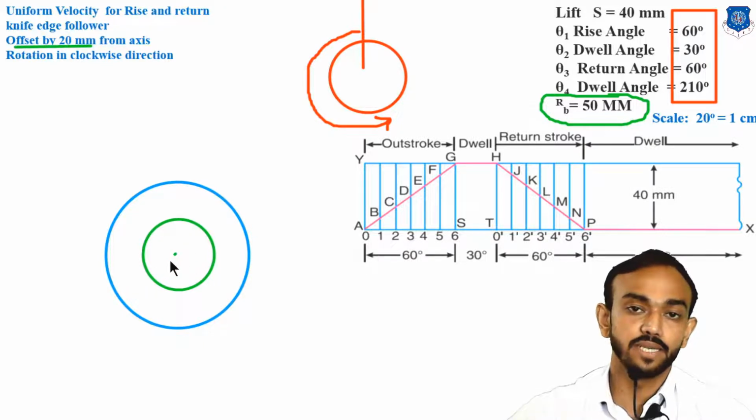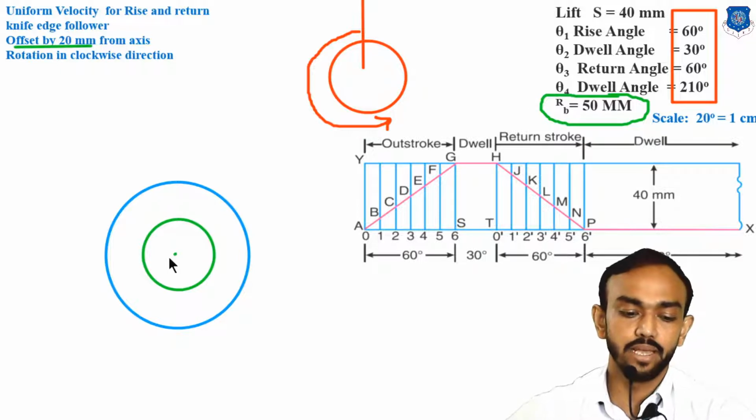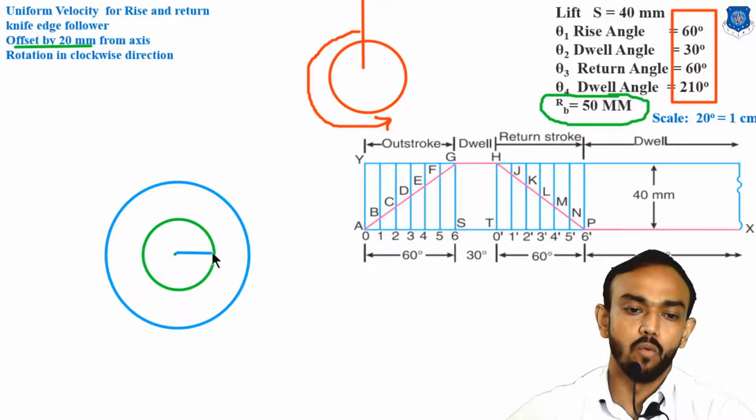I make one horizontal line and then a vertical line, intersecting the base circle. This point is very important because I will connect these 2 points, and this line will be the reference line, and I will measure all angles with respect to this line.